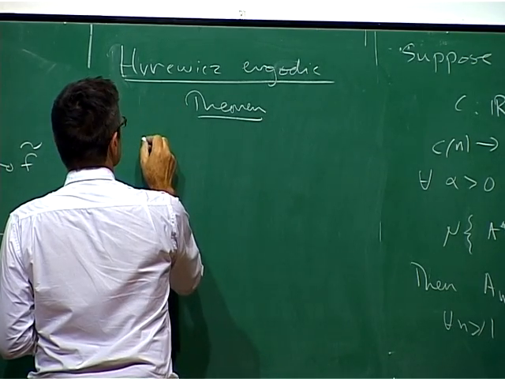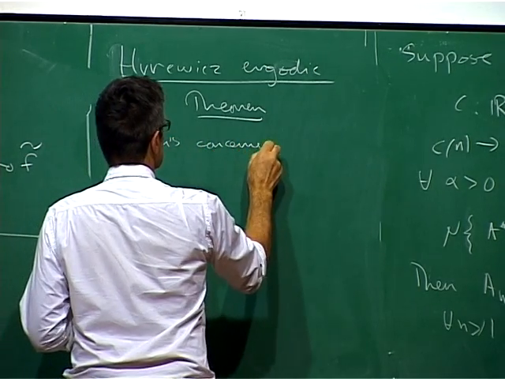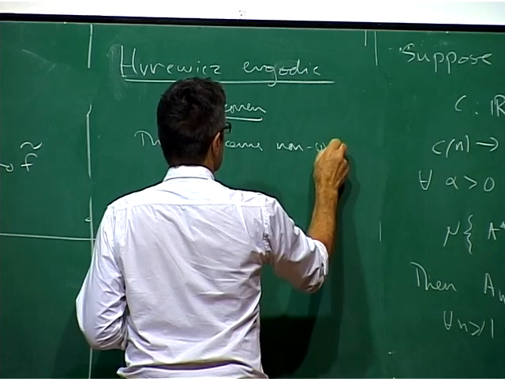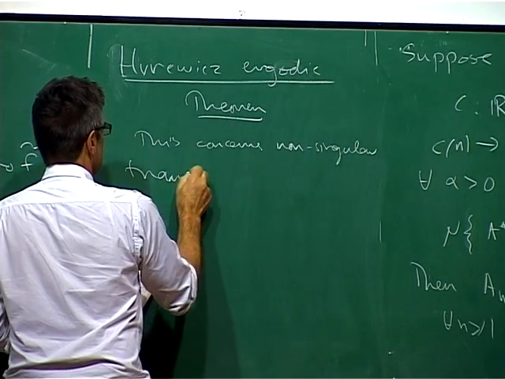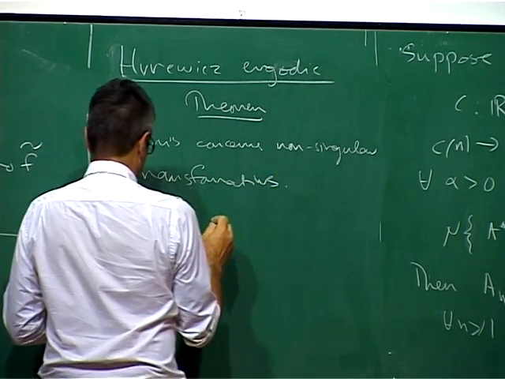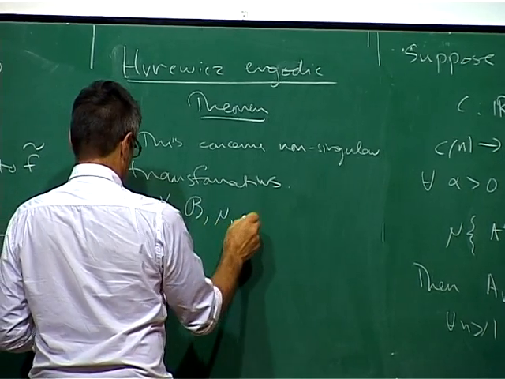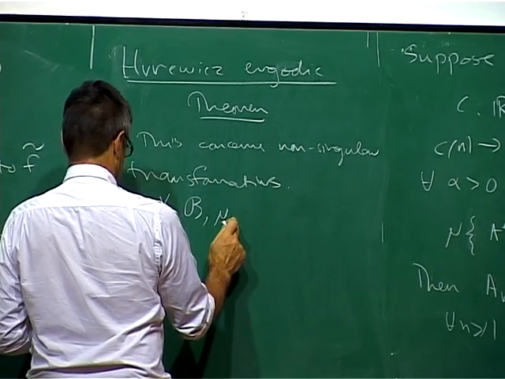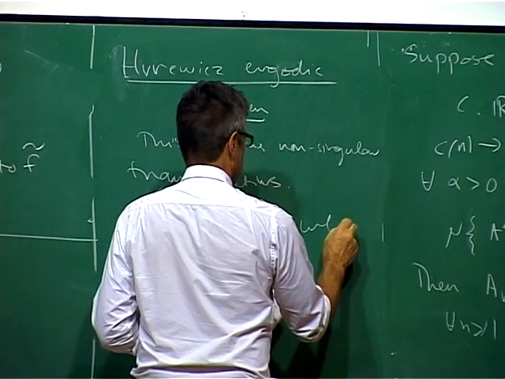So supposing we have (X, B, mu, T), where T is non-singular.